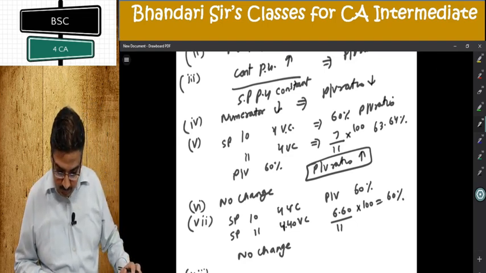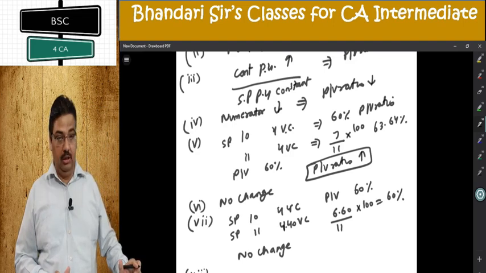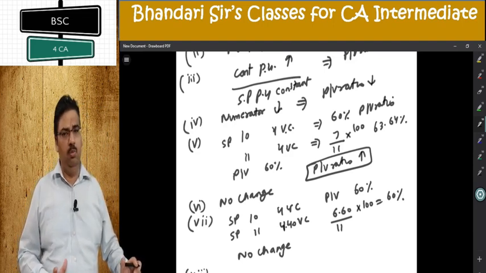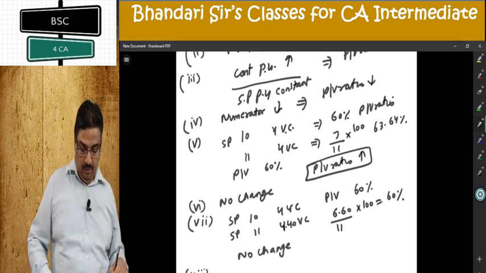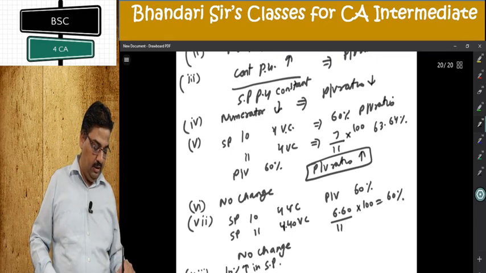Eighth, 10% increase in selling price, which is positive, with a decrease in volume. Volume does not affect my PV ratio. So a 10% increase in selling price implies an increase in PV ratio.